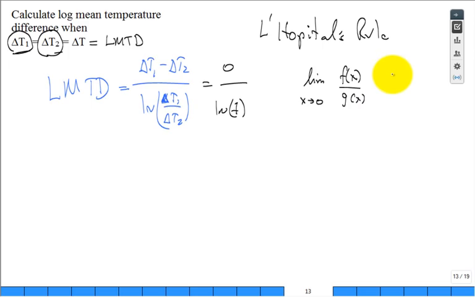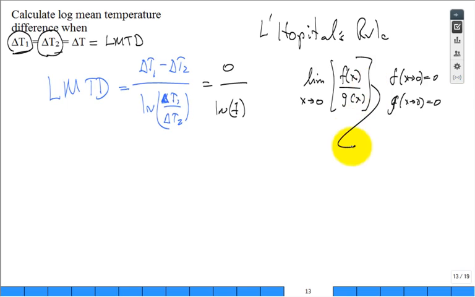And the limit of f as x goes to that value is 0, and g also goes to 0. Well, then you need to replace the original problem with the equivalent problem: take the derivative, f prime divided by g prime, and take the limit of f prime over g prime as x goes to 0. That's what you have to do.